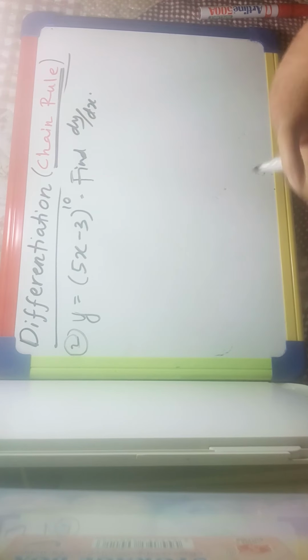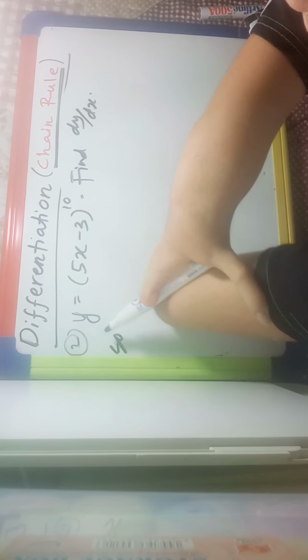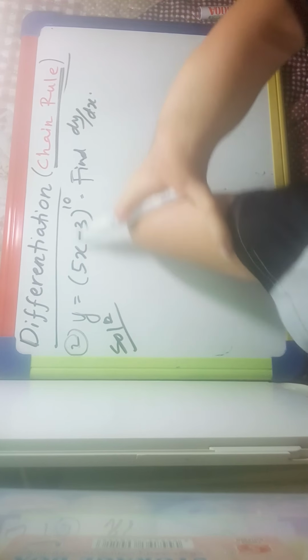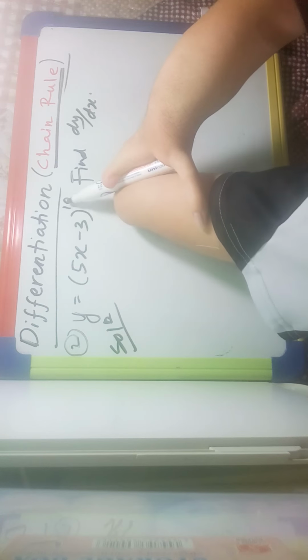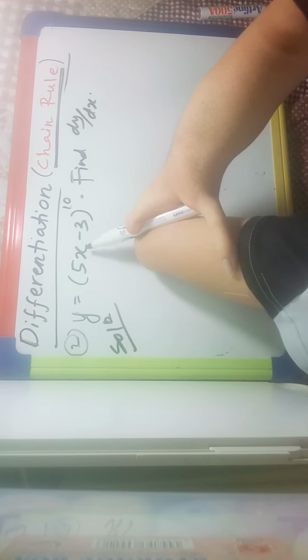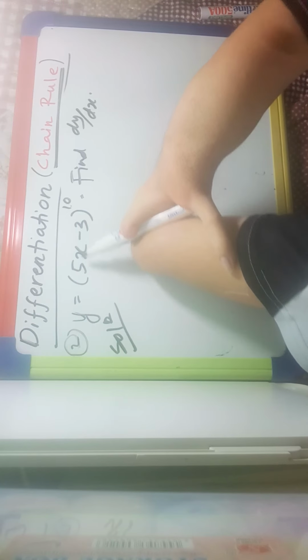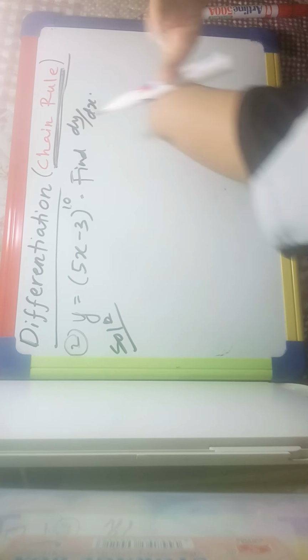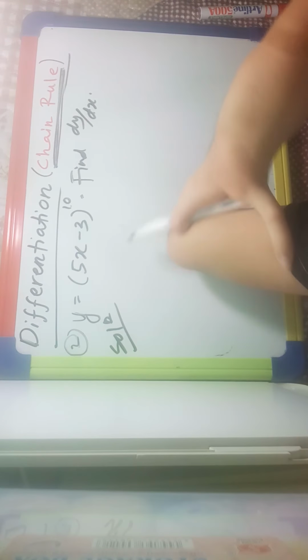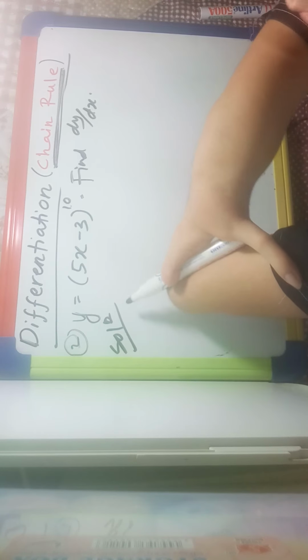Always remember, whenever you get this type of binomial equation, 5x minus 3 to the power of 10, in order to differentiate it, you need to apply the chain rule. Remember the steps I showed you in example number 1.